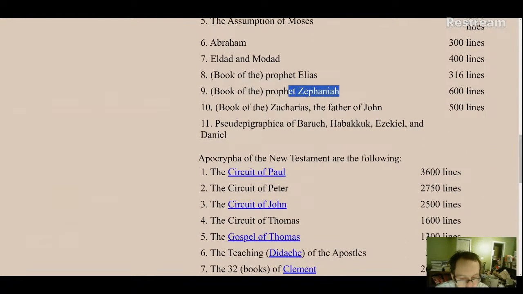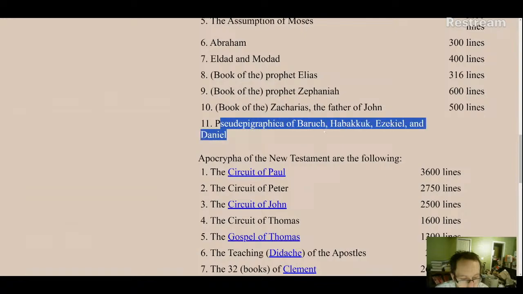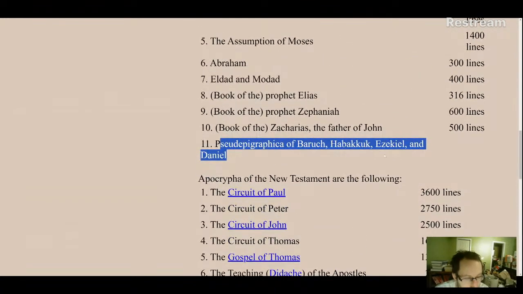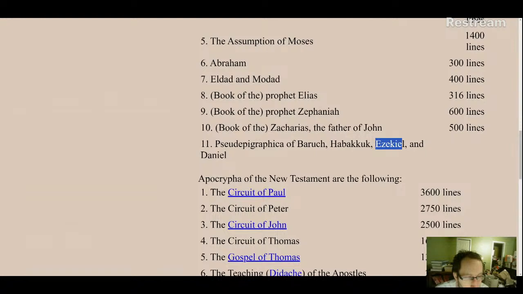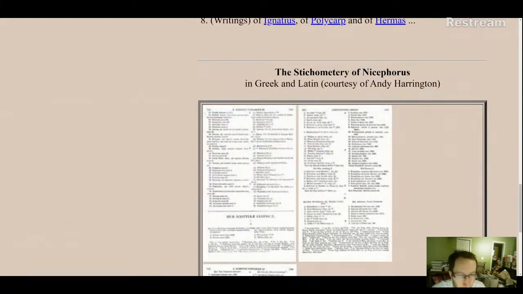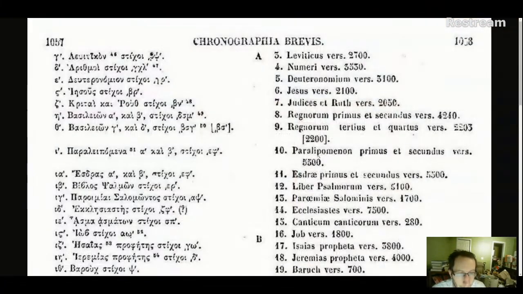Then it says also pseudepigrapha of Baruch, Habakkuk, Ezekiel, and Daniel. So Christians had copies of the apocryphal books of Ezekiel, Baruch, Daniel, and Habakkuk. It doesn't give the lines for these, but it tells us that they existed. So there was an apocryphal book of Habakkuk. And we can look right here.